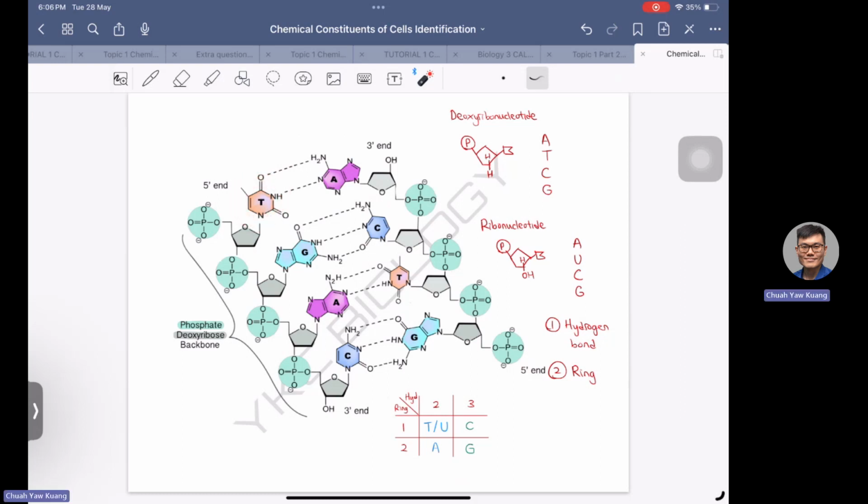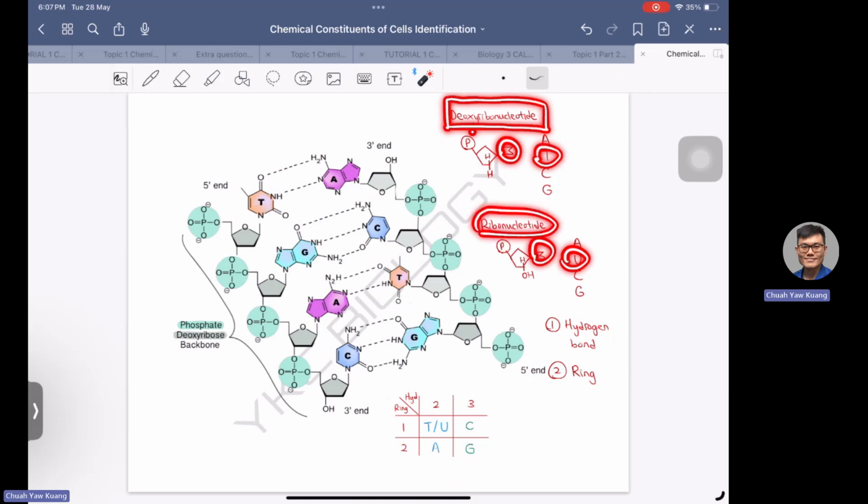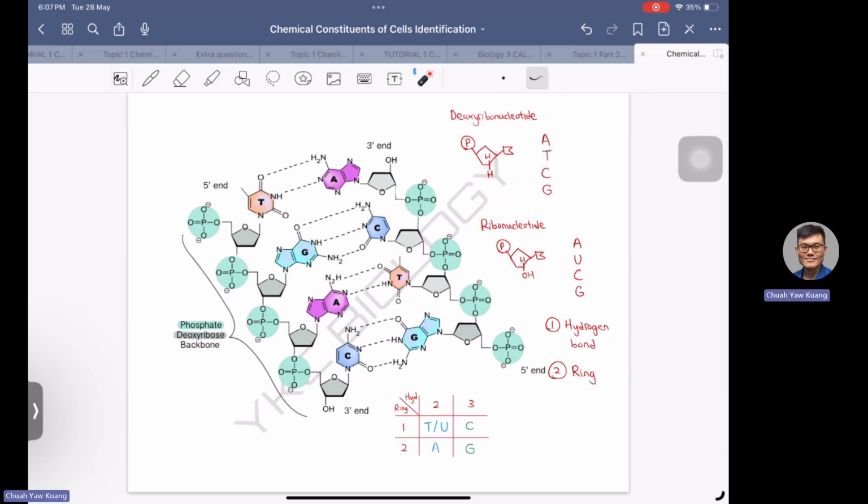The only difference that we know is that thymine is a nitrogenous base of the deoxyribonucleotide, while uracil is the nitrogenous base of the ribonucleotide. That is their only difference. So to further differentiate T and U, we have to check their pentose sugar.